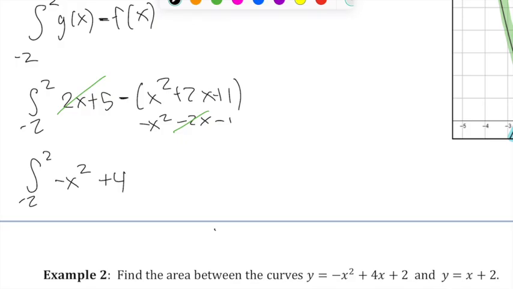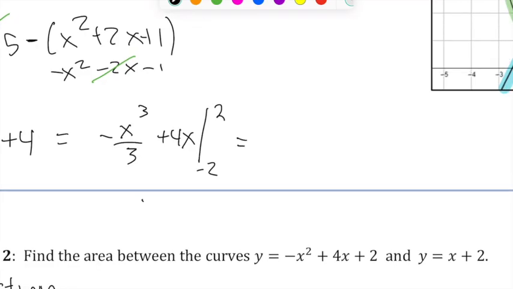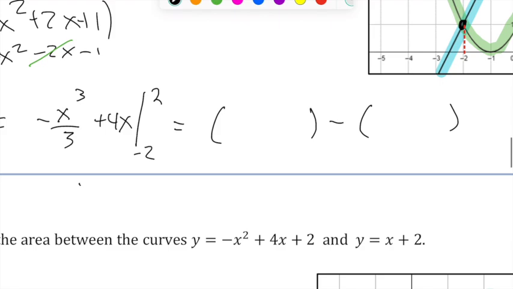And then if we do the integral, let's do the first piece: we're going to add 1 to make that 3, and then divide by 3. And the integral of 4 is just going to be 4x. And we want to evaluate that from -2 to 2. So let's just plug in our values.